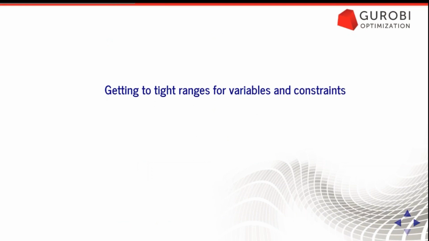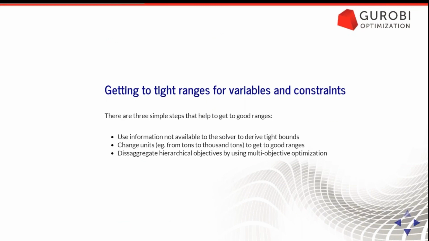So, how do you get tight ranges for constraints and variables? Probably the first thing that you should try is to use other information not available in the model to impose tighter bounds either in constraints or in variables. So let's say I'm trying to plan providing a service of dispatch and delivery.